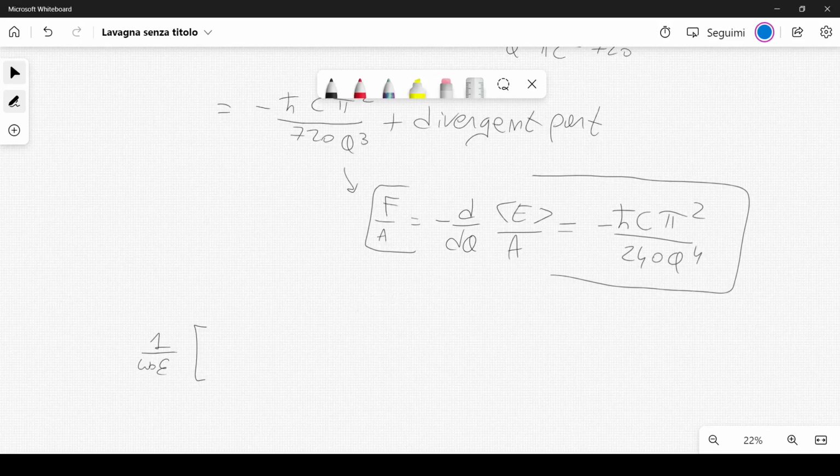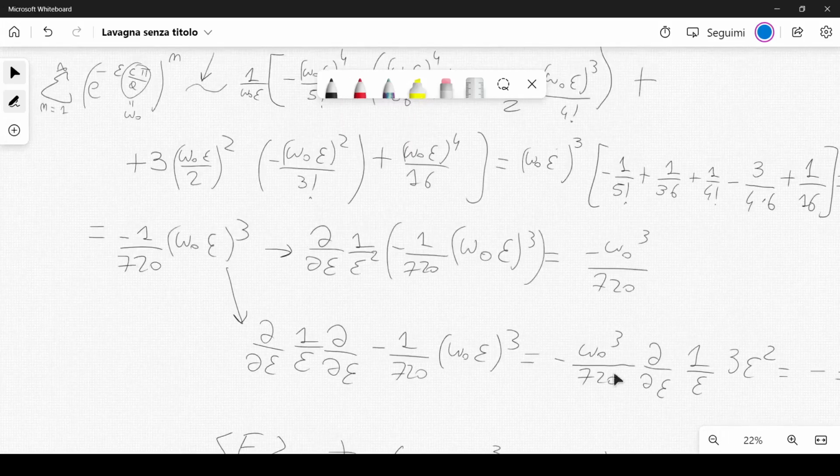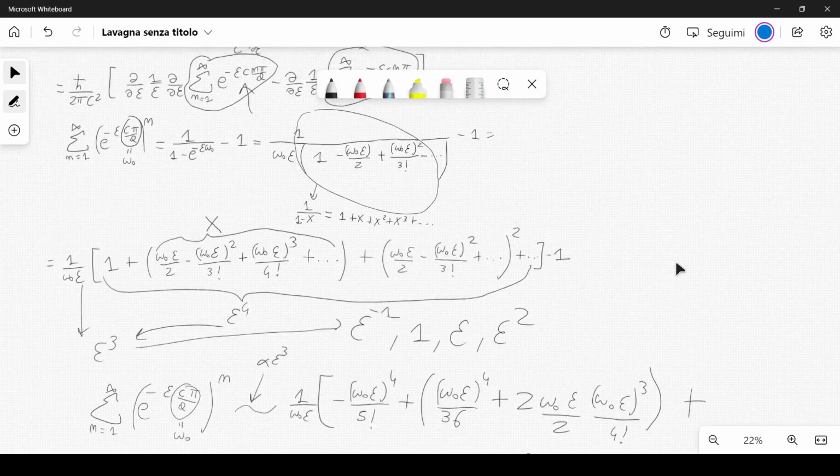So from the first term, that is x, remember that we have a bunch of summations here. So we have x, which contains all these terms, and the first term that we have to consider is, of course, this one, because this is proportional to epsilon cubed. And let me write it below.